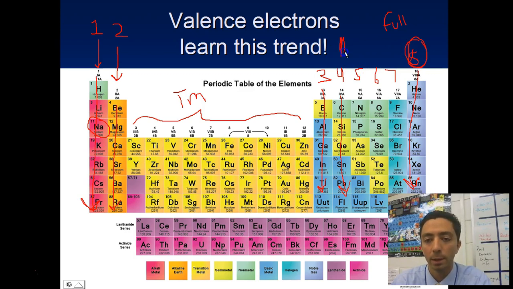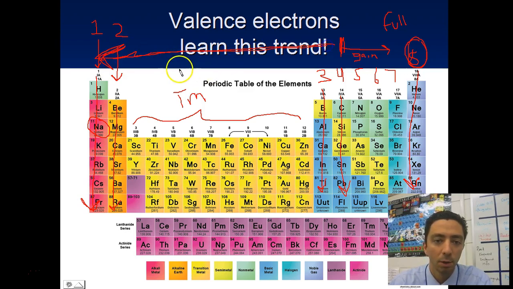Everything from carbon over, this group over, these ones all are going to try to gain electrons because they're close to 8 already. If they get a few more, they're going to be right where they need to be, and they'll be very satisfied. Everything to the left of it, all the way over here to the alkali metals, all of these are looking to lose electrons because they are less than halfway there.